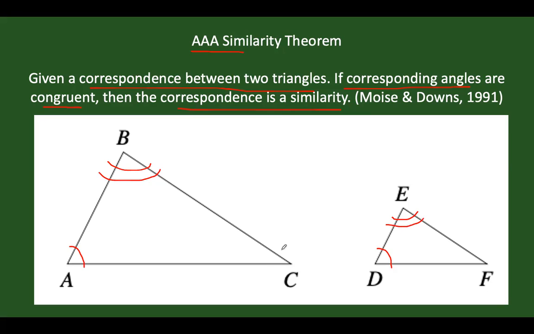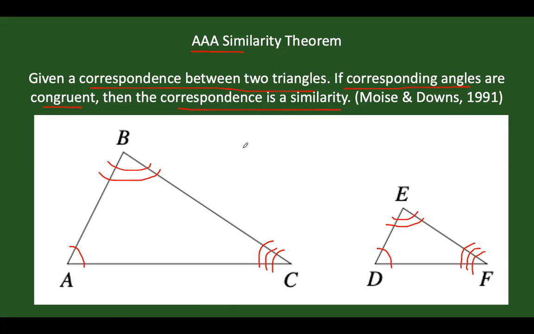And lastly, angle C corresponds to angle F, and they are also congruent. So all three angles of triangle ABC are congruent to their corresponding angles on the other triangle, which is triangle DEF.